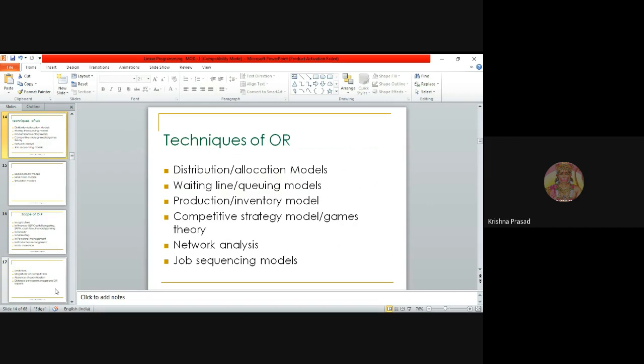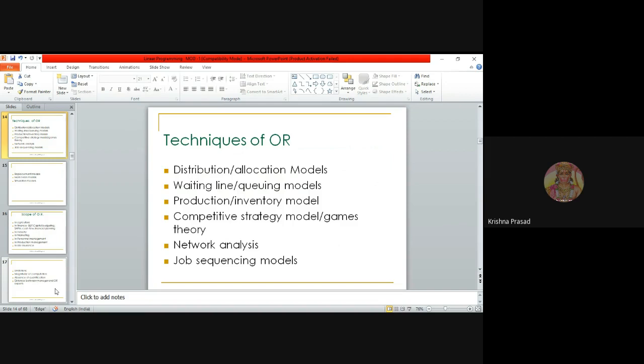We have the queue model, called the waiting line model. And the next one is production models, and how well you can utilize the existing inventory. That is a very important one, because nowadays it is just in time. It is not an inventory which you keep like in the older days. So how you can do that.